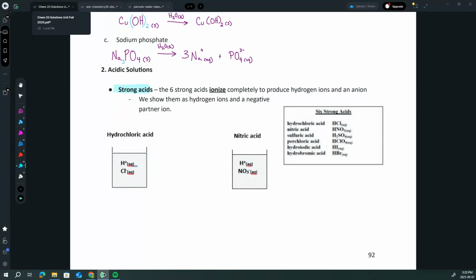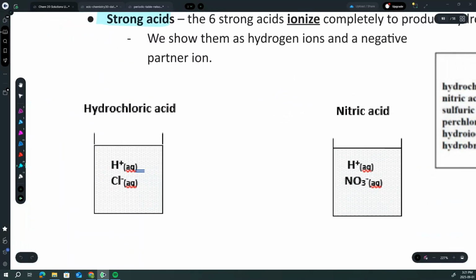All right, so the 6 strong acids are going to ionize completely to produce hydrogen ions and an anion, so a negative ion. And how we're going to represent this is we're going to show them as hydrogen ions and the negative ion.